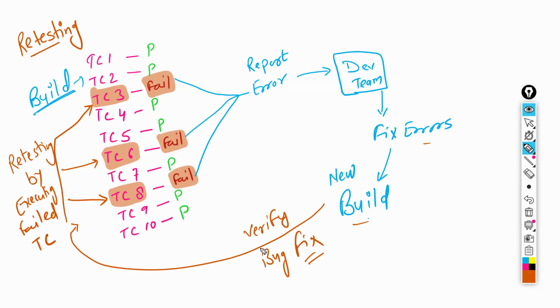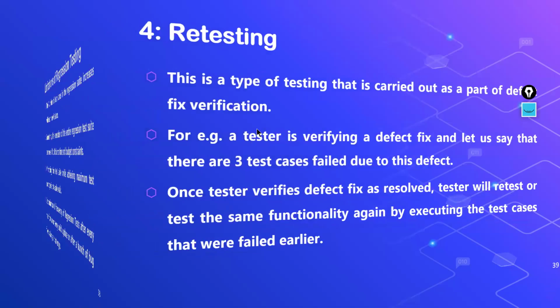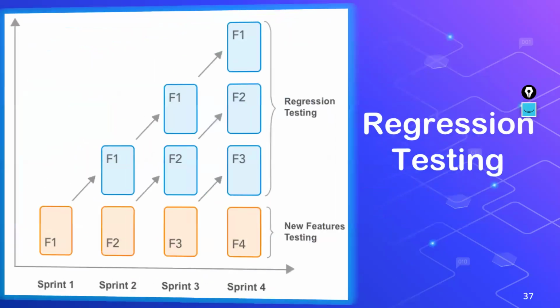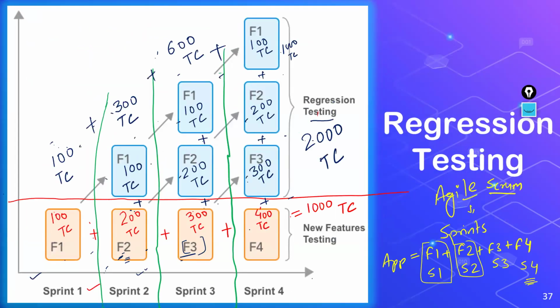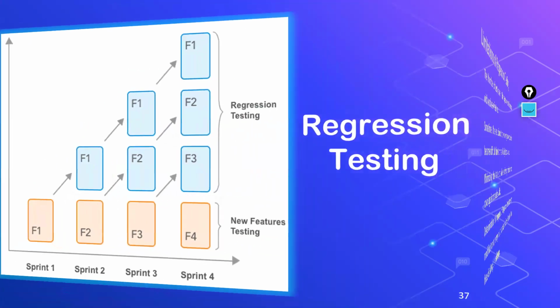And that's where it is different from regression. Because in regression, we were executing all the test cases again. Everything we were executing again, because we need to check that, because of this newly implemented feature, no errors were introduced in the previously implemented feature.